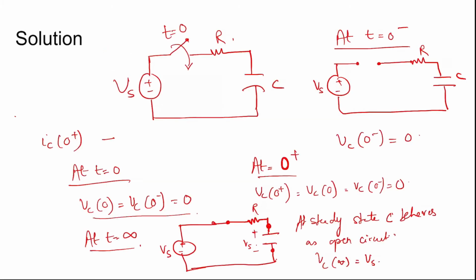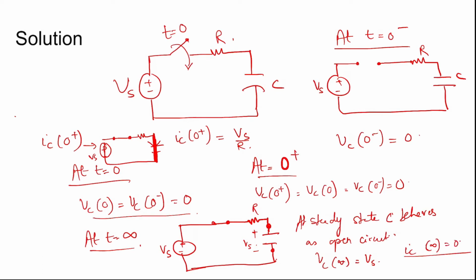So Vc at infinity equals Vs. At t equal to 0 plus, the circuit will be connected like this, and since the initial voltage across the capacitor is 0, it can be shorted. Now the current through the capacitor Ic(0 plus) equals Vs divided by R, and Ic at steady state is 0, as the capacitor becomes an open circuit.